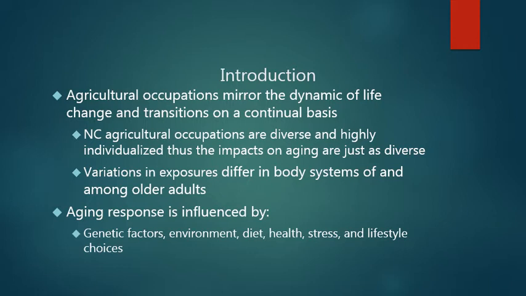And we all know that aging response is genetics, which we cannot change, but that environment, diet, our health status, the stressors that we have, and our lifestyle choices make a huge difference in our health status outcomes and in how we age.